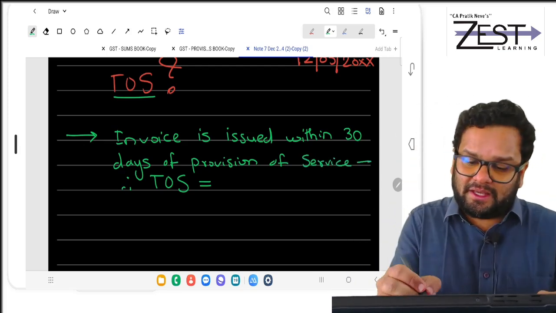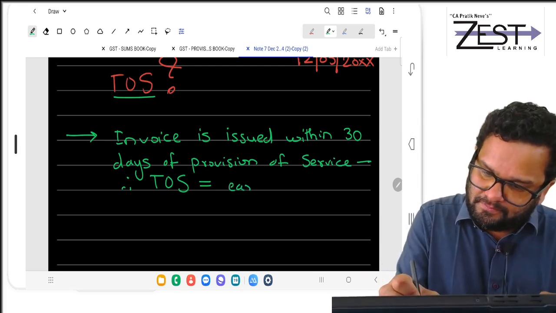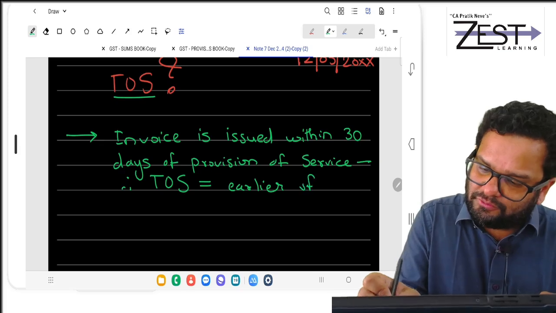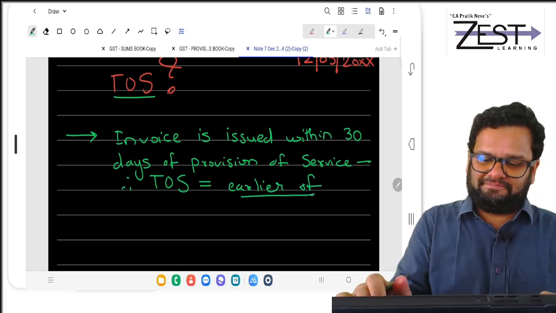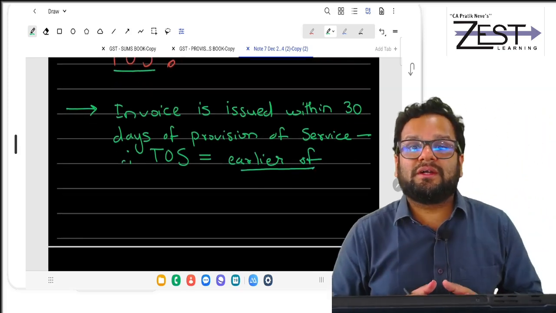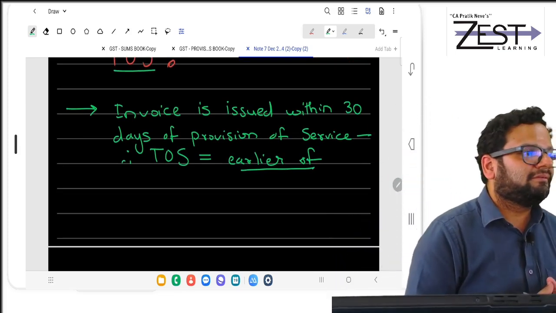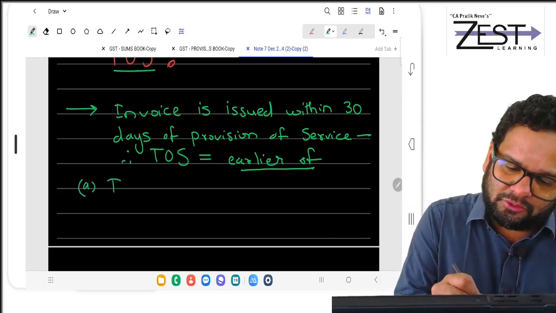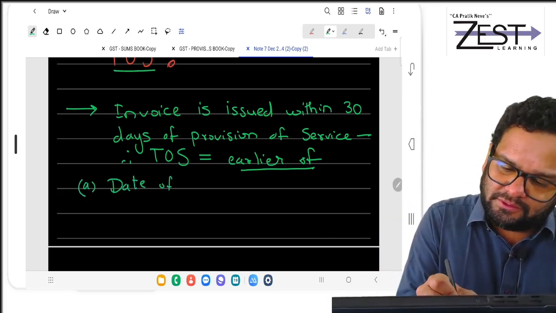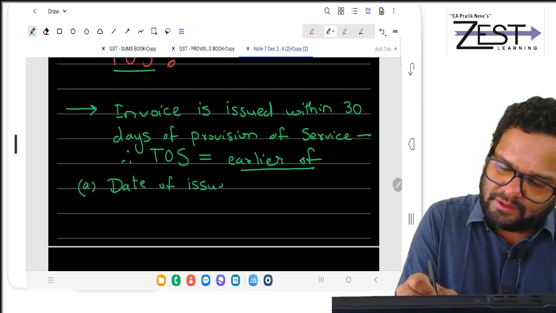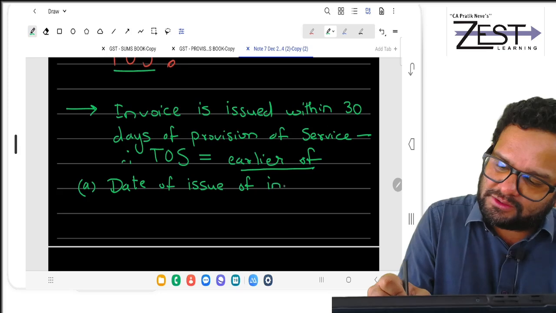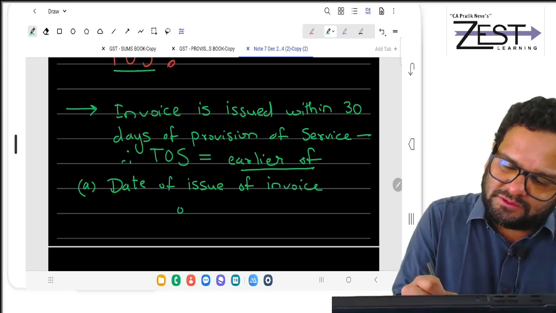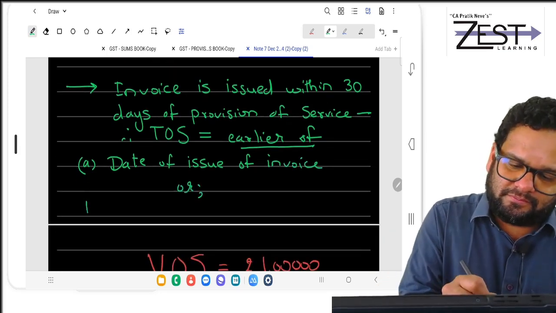Therefore, time of supply is earlier of, tell me earlier of what? Tell me confidently, earlier of what? Friends, I expect from you. Date of issue of invoice or receipt of payment.